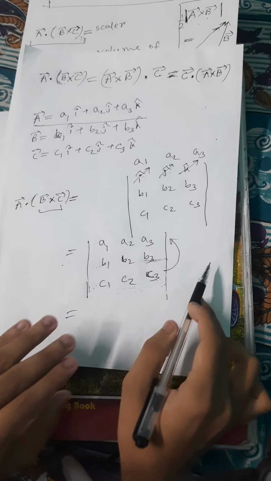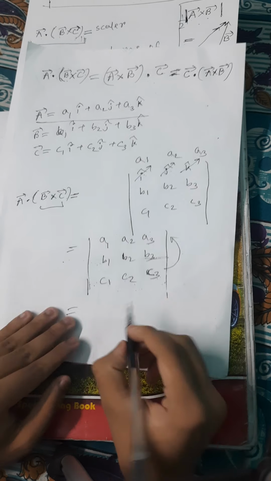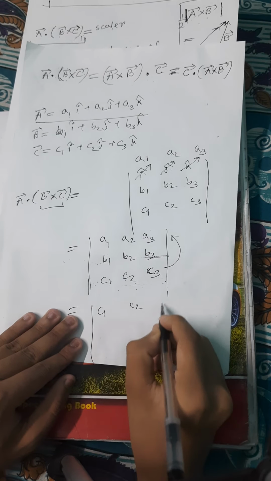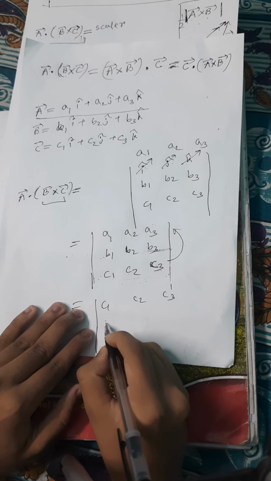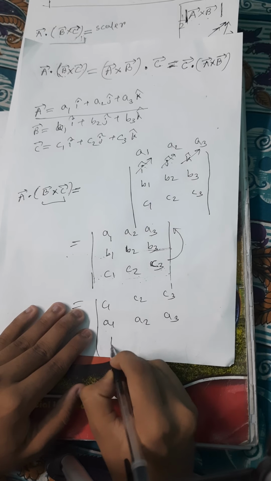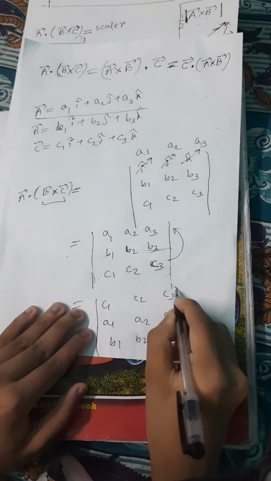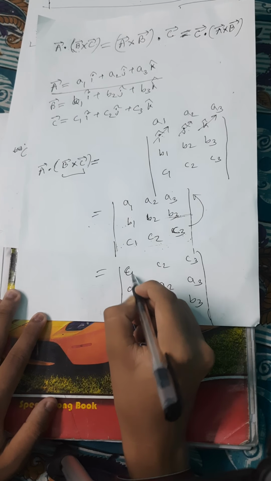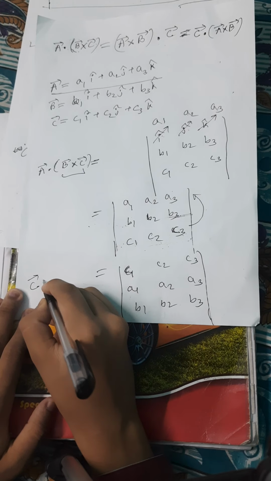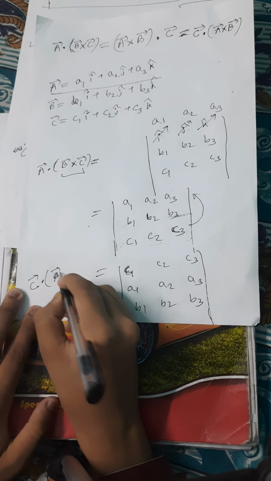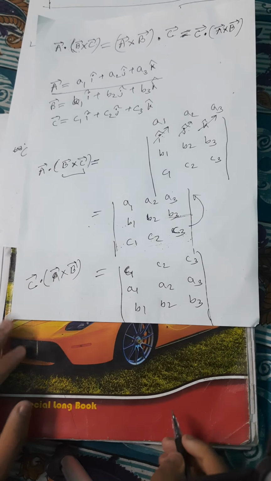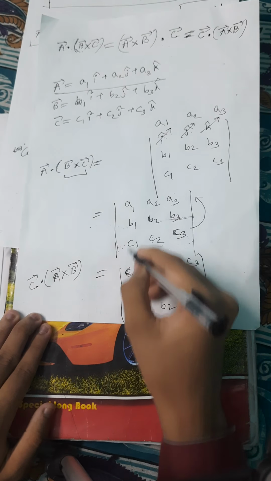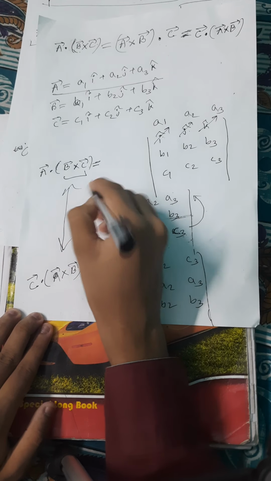So the two minus signs will cancel. So you can write C1, C2, C3, and A1, A2, A3, B1, B2, B3. So what is this? This is the same as c dot a cross b.